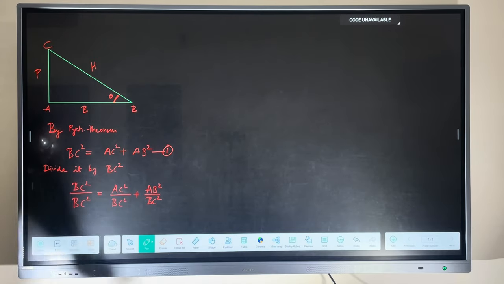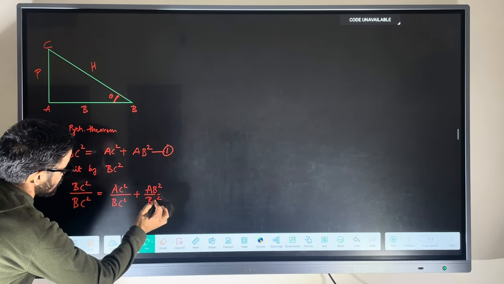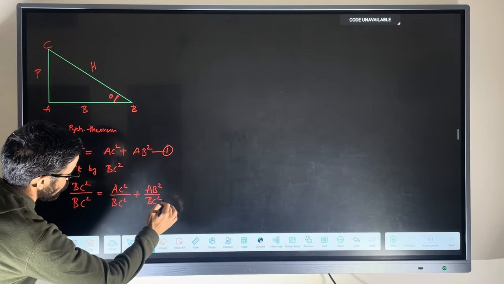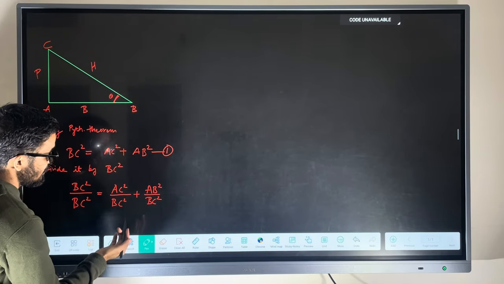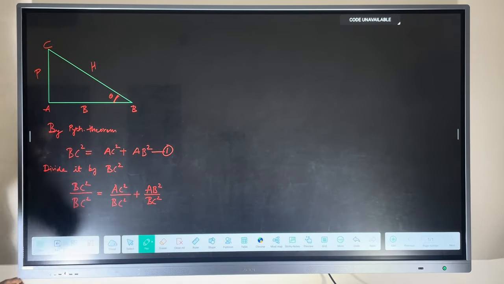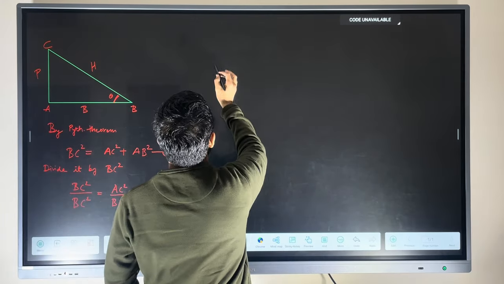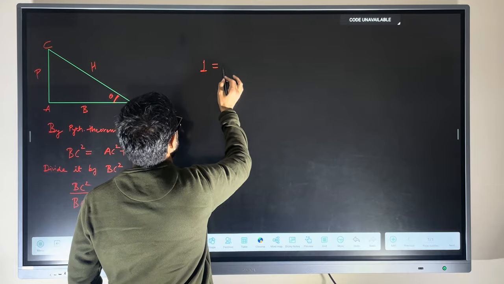In the previous step it would be AC square plus AB square upon whole BC square, but I have just split this without writing that step. Now BC square upon BC square will be 1.